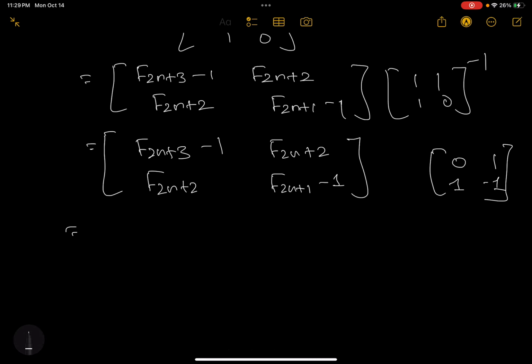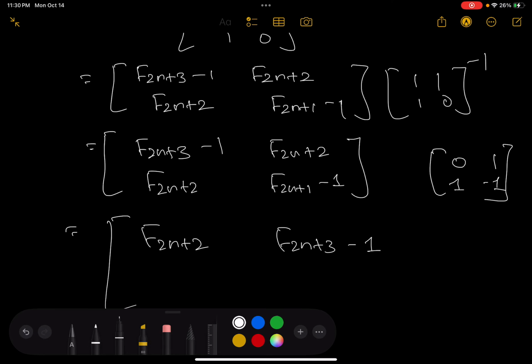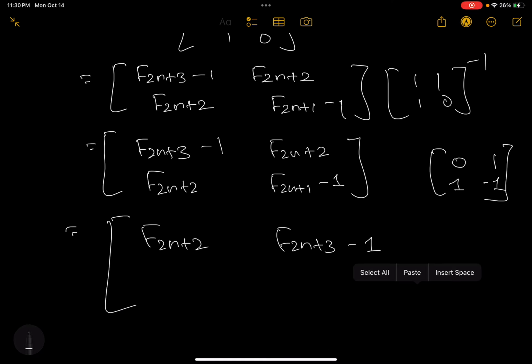Now after this, let's multiply again. We will get f of 2n plus 2 over here, and f of 2n plus 3 minus 1, and then I guess it will be minus over here. F of 2n, this multiplies with this thing, right?